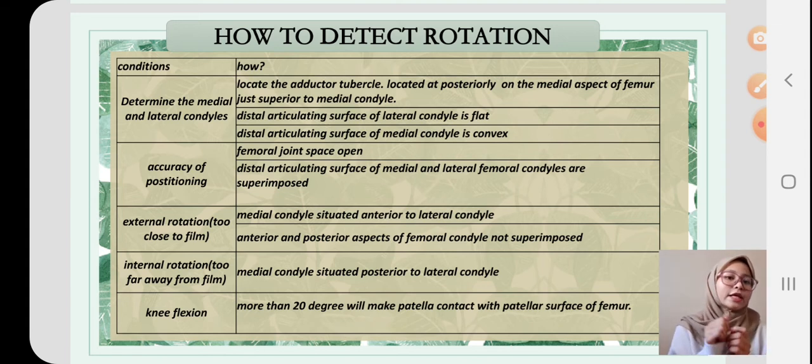For the internal rotation, which is too far away from the film, the medial condyle is situated posterior to the lateral condyle. So, if the knee flexion is more than 20 degrees, the patella will contact the patellar surface of the femur. Okay, let's check it out.